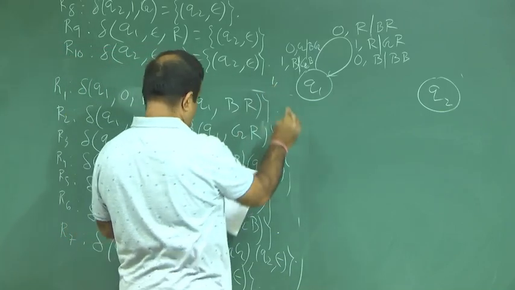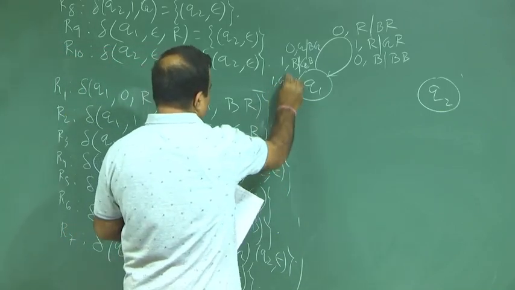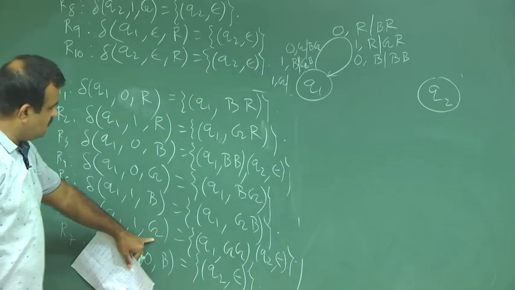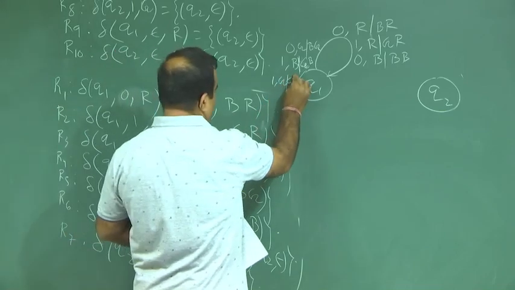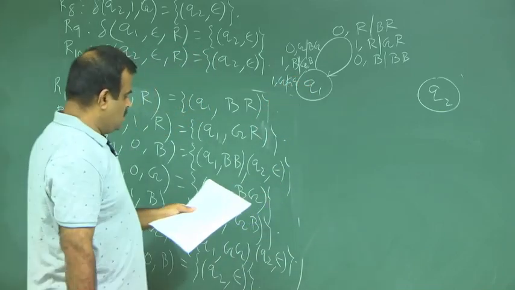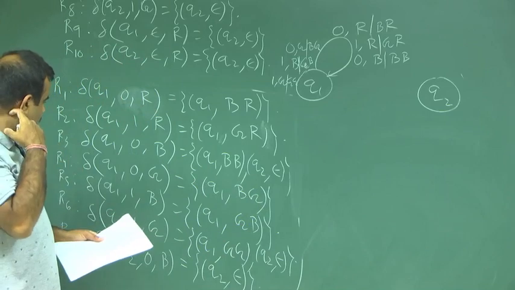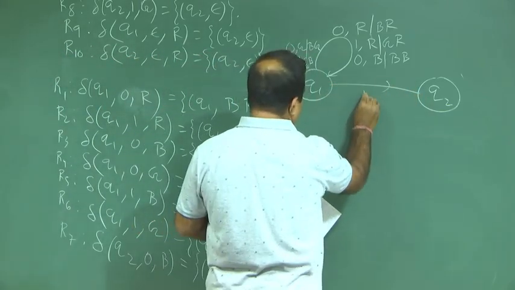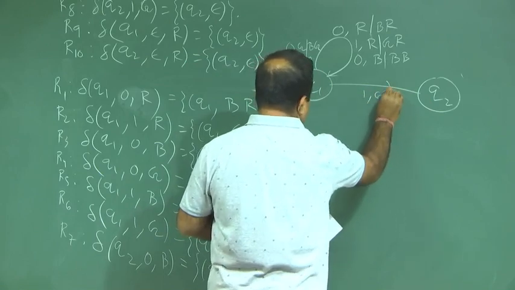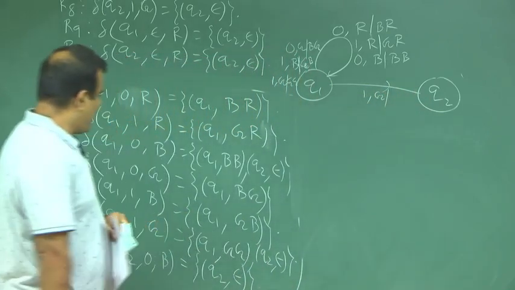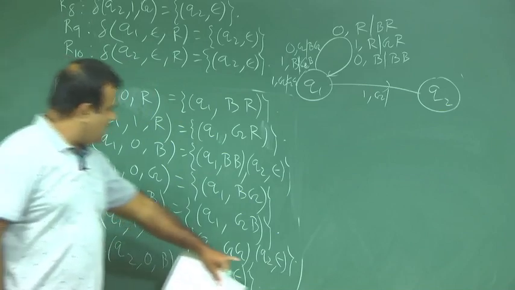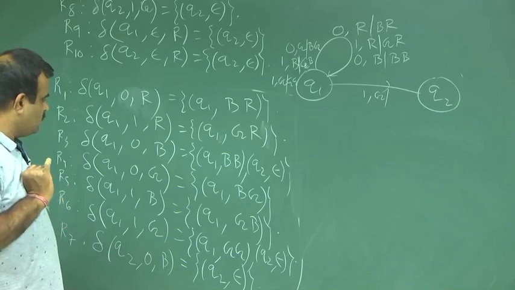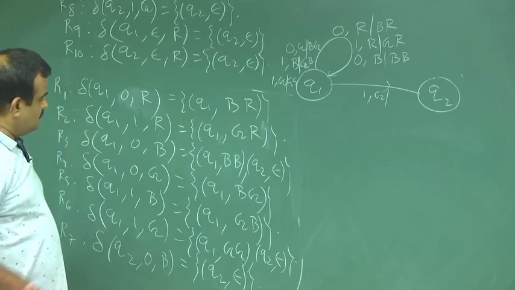And with 1, if we see a G, it will go to G G, or there is one option here: with 1 if we see a G, we go to Q2 and G will be erased, it will be epsilon.